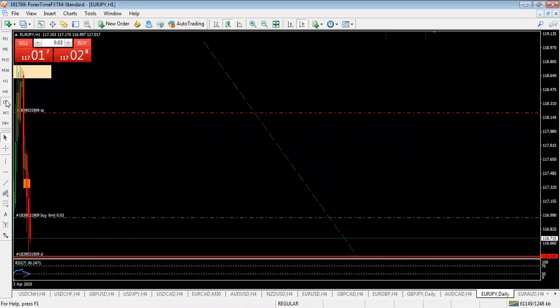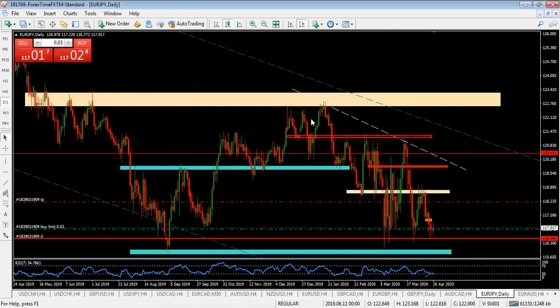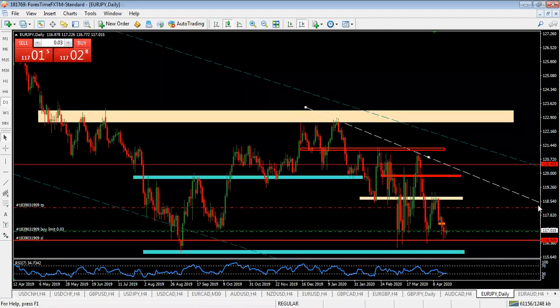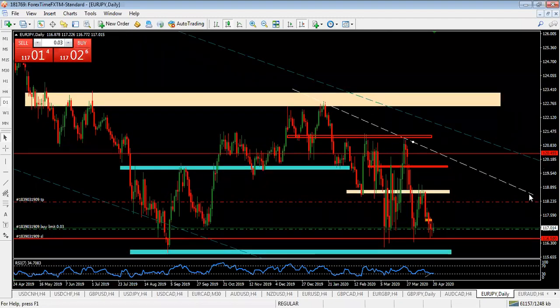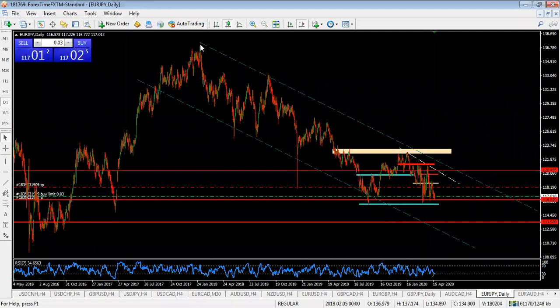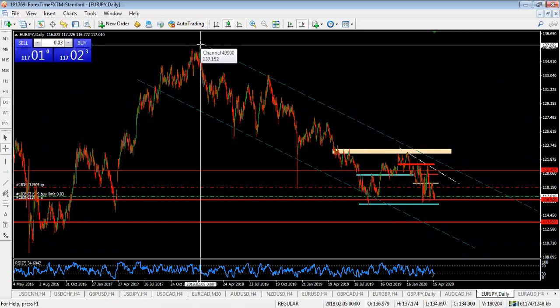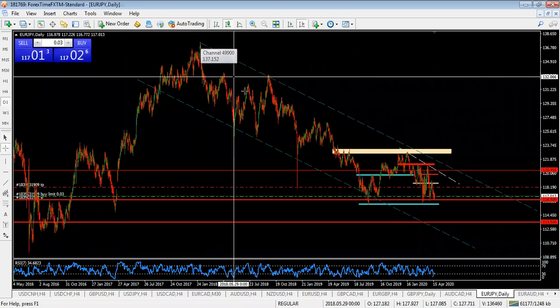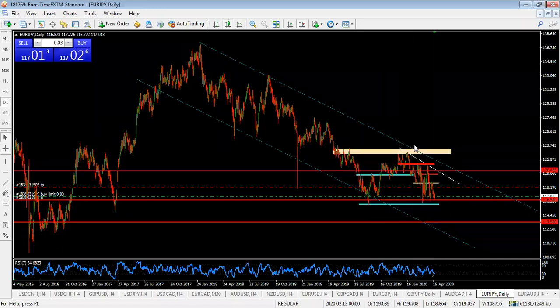And from a daily perspective, you can then tackle this point because this is a trend line. This is a minor trend line, this is a major trend line. This trend line goes way back to 2018, so price has always bounced off this point.